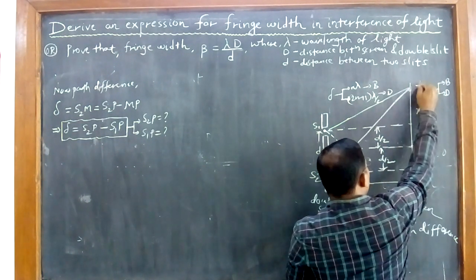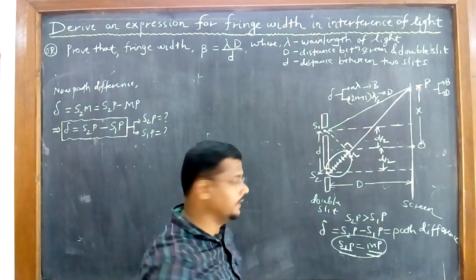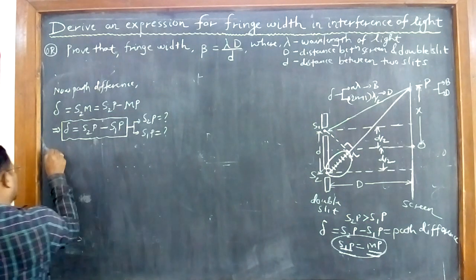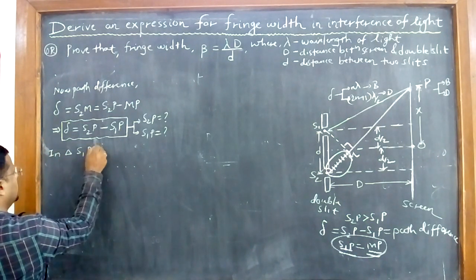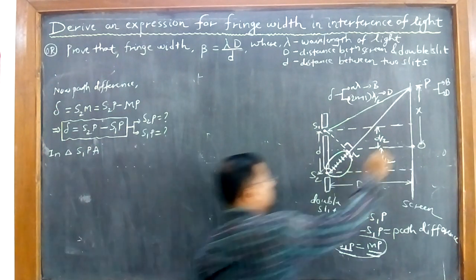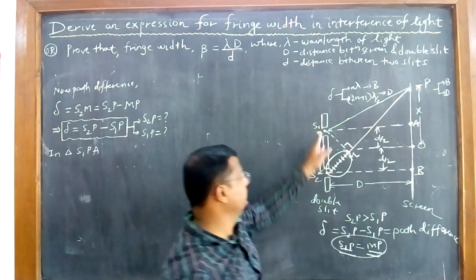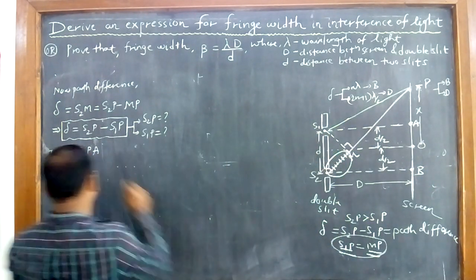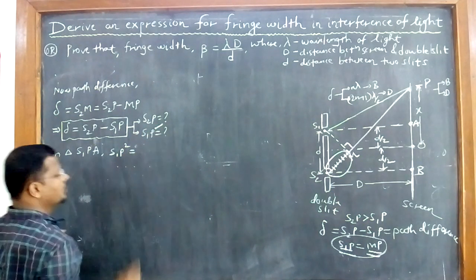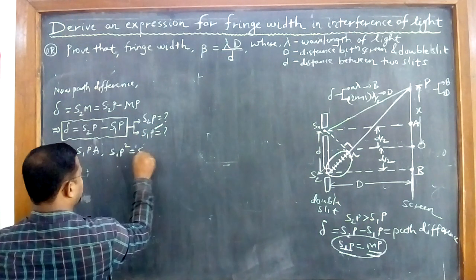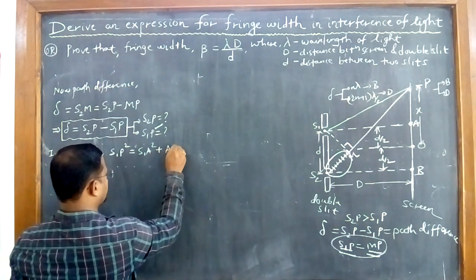In triangle S1PA, here I am marking A, and here I am marking point B. In that triangle I can write S1P square equals S1A square plus AP square.